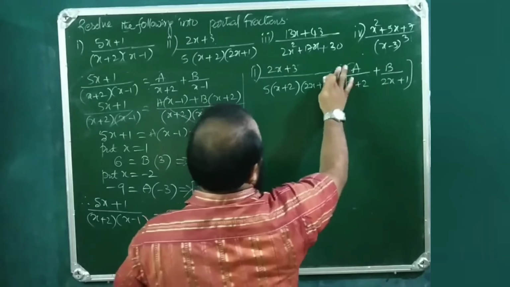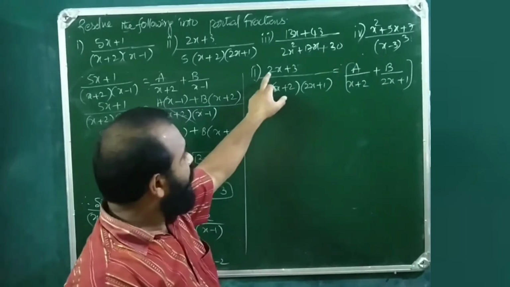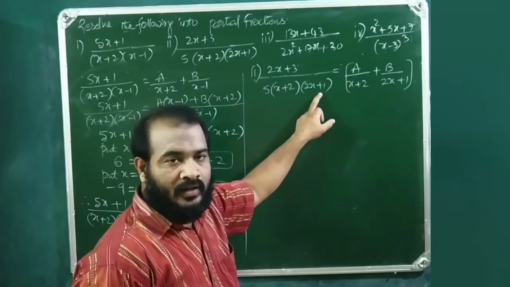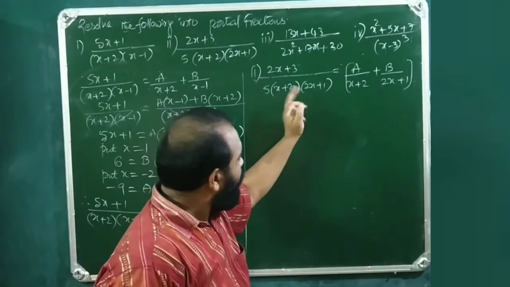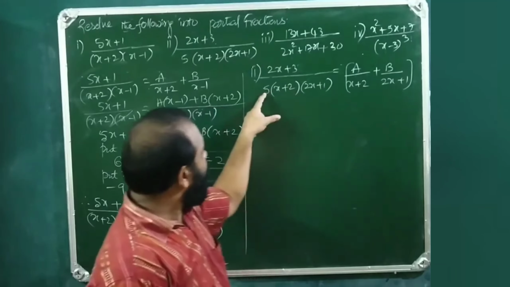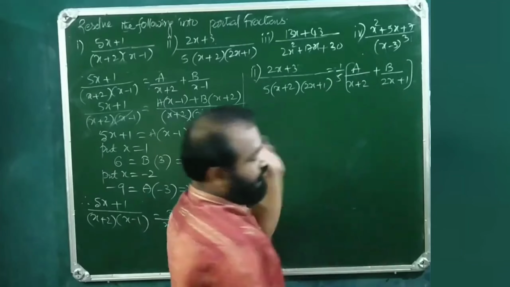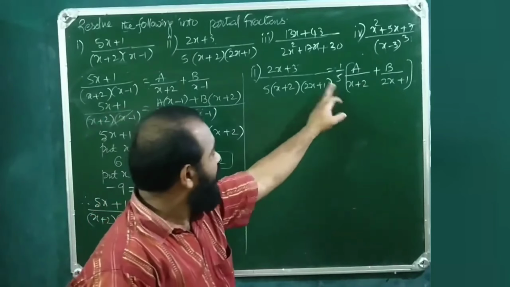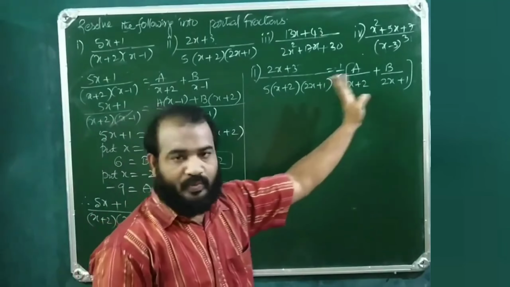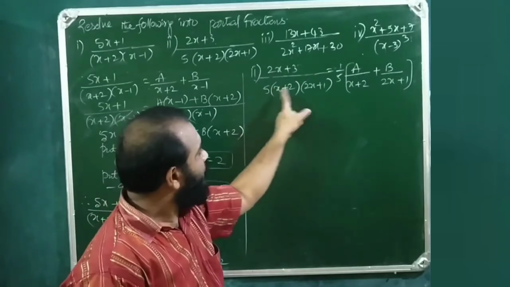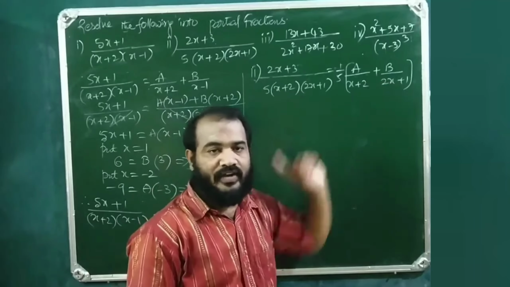Actually this is 2x plus 3 by x plus 2 into 2x plus 1, the partial fractions for which is this. Here 1 by 5 is there, so I have separated the 1 by 5 from the process of these partial fractions. So now for 2x plus 3 by x plus 2 into 2x plus 1, this is the partial fractions.